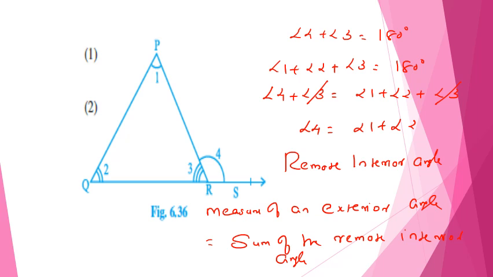Angle 1 and angle 2 are also called interior opposite angles. So the measure of an exterior angle is equal to the sum of the interior opposite angles, or remote interior angles also, that's okay. Hope you understand.